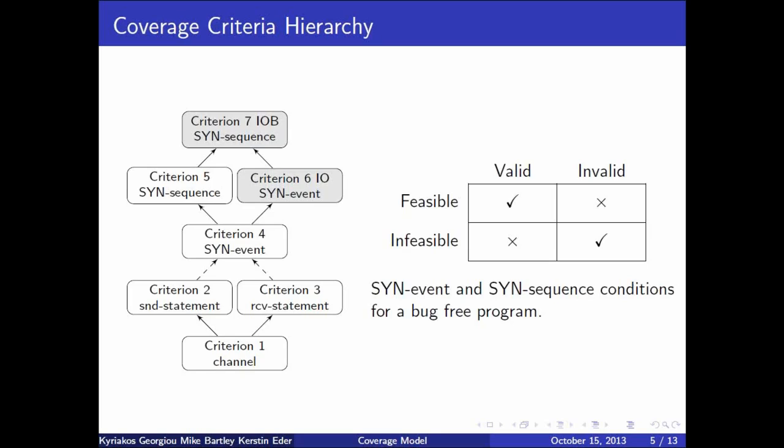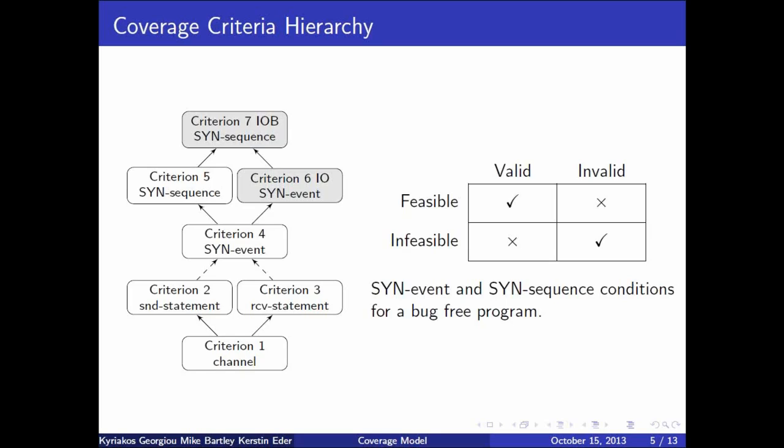Now, criteria 1 is extracting the channels of the communication in a program. Criteria 2 has to do with the send statements, criteria 3 with receive statements, and then criteria 4 is the Cartesian product of 2 and 3 on a particular channel. So it's a send statement with a corresponding receive statement, which is doing a synchronization event.